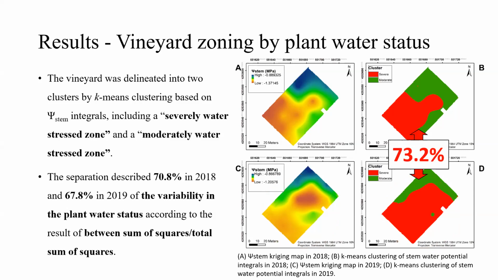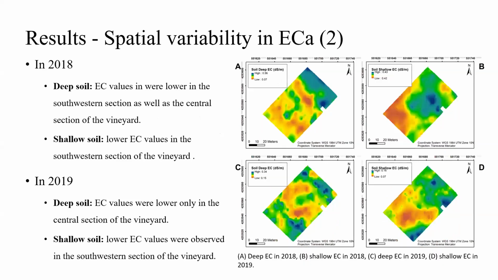Okay. So for soil ECA, here we have the soil ECA maps for the 2018 and 2019 harvests. In 2018, ECA in deep soil was lower in the southwestern section, as well as a little portion in the central section of the vineyard.